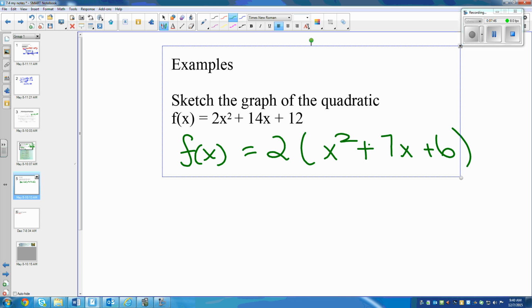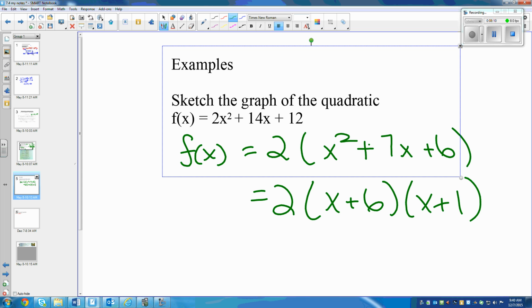What should we do next? Is that a trinomial square? No, right? So then we got to do a general what times what? Well, multiply to give us 6 and add to give you 7. 6 and 1, right? So I can just generally write it as x plus 6 and x plus 1.